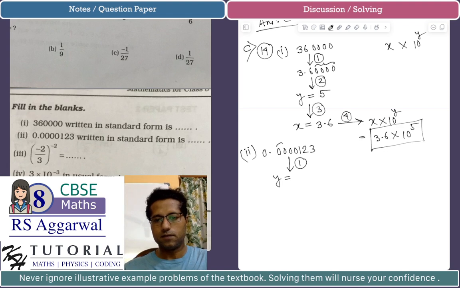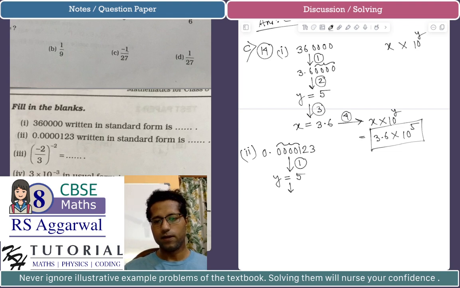The first non-zero digit is 1. So we count all the digits to the right of the decimal point up to 1. We have 4 zeros and then 1. So y will be 5.